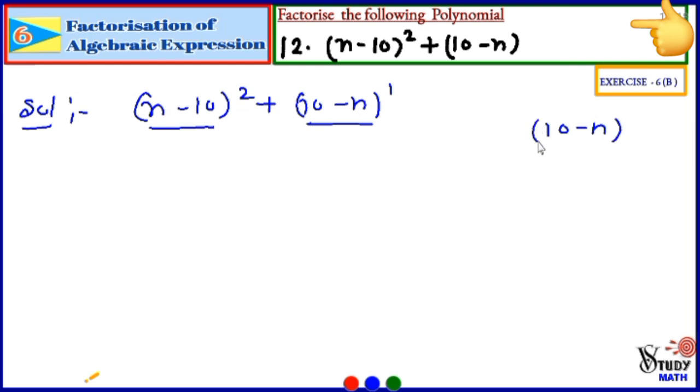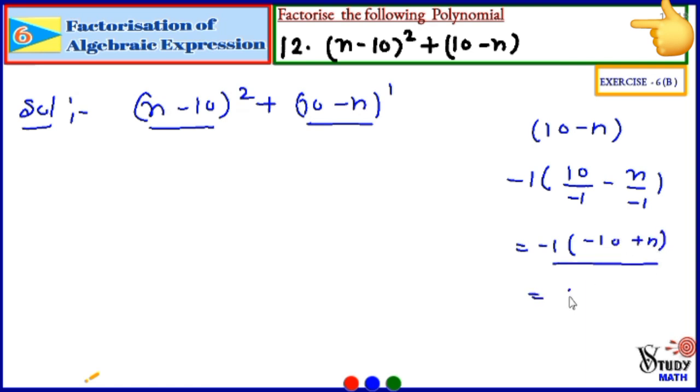From 10 minus n we have to take negative 1 as common. If I take negative 1 as common from positive 10, then negative 1 will divide, and from negative n I'll also take negative 1 as common. So what we have is negative 1 times (negative 10 plus n). Yes or no?